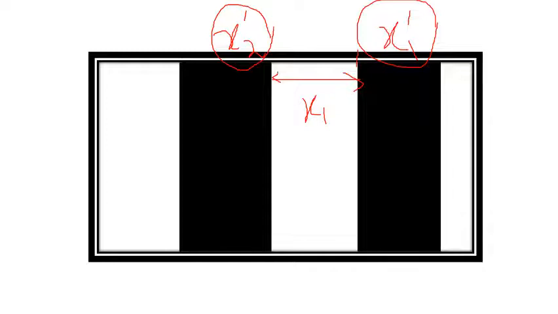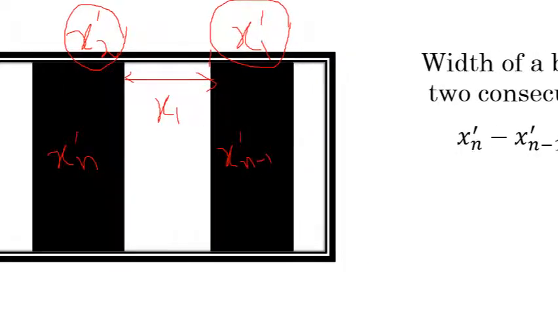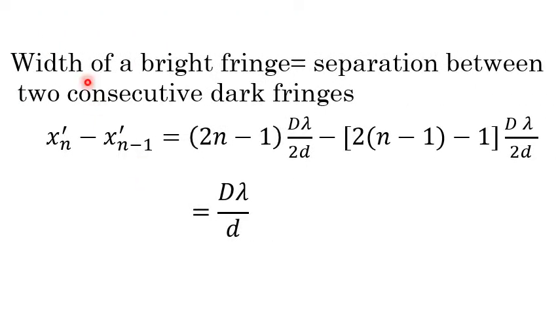So basically it is the separation between the nth dark fringe and the (n minus 1)th dark fringe.